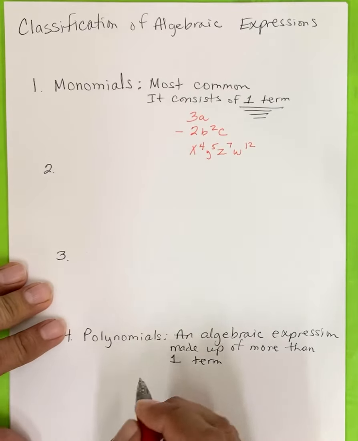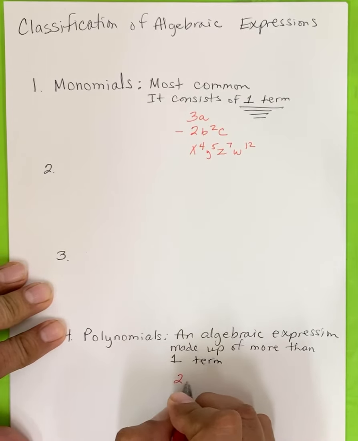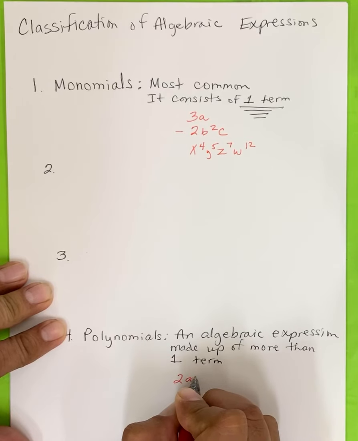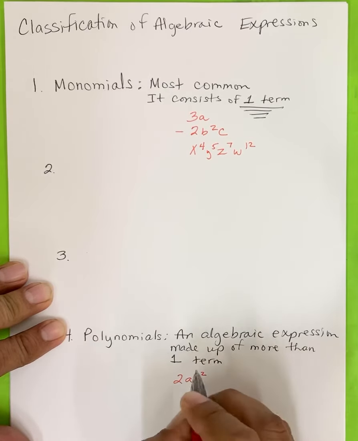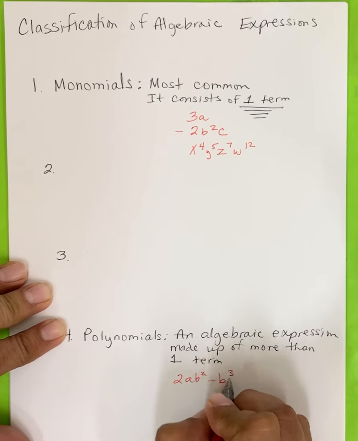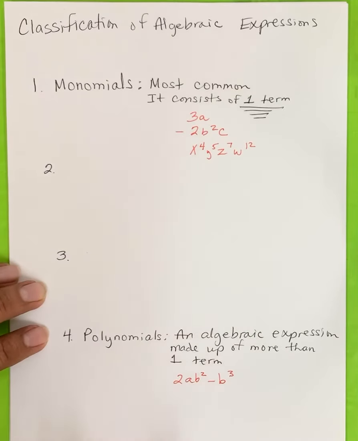If I say 2ab squared minus b cubed, this is a polynomial, an algebraic expression made up of more than one term. This is one term, but in this case we have two terms. So this is a polynomial. Okay?